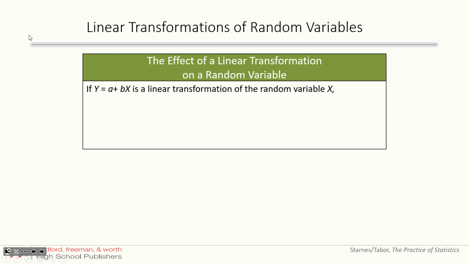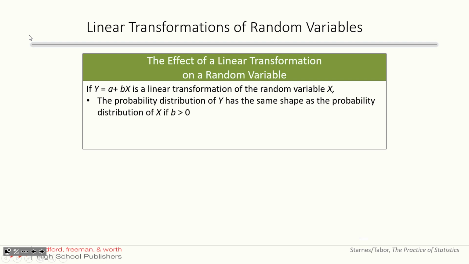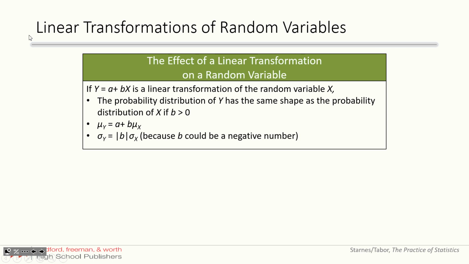All right, kind of tying things up. A linear transformation is when you take a random variable and you can add or subtract a constant and multiply or divide by a constant. So it's like the combination of both of those things, one or the other or both.